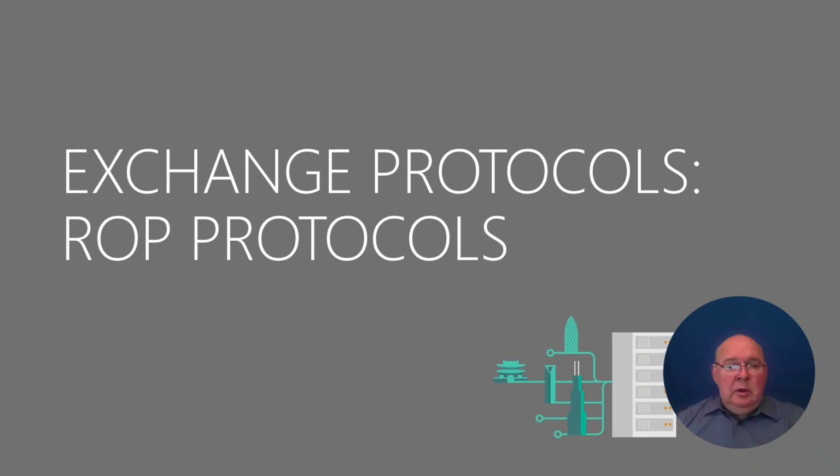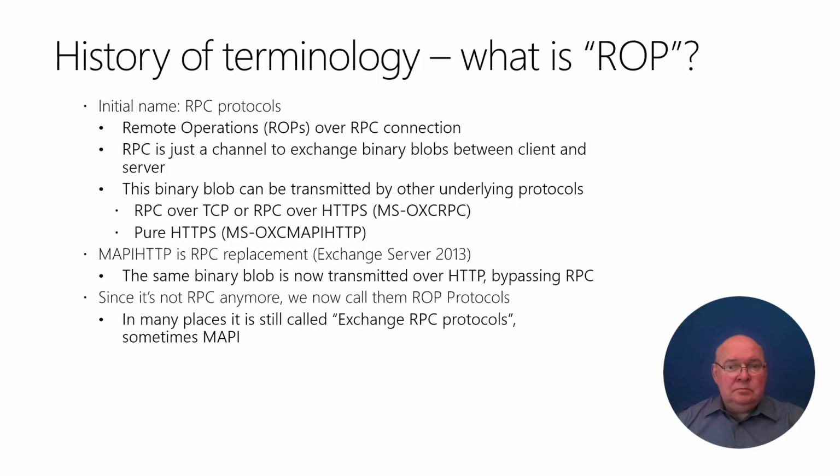ROP protocols family. There is a long history of terminology for this protocol family. The initial name is RPC protocols. In fact, it is remote operations, ROPS, over RPC connection. That's how it was designed initially. And RPC is just a channel to exchange binary blobs between client and server. This binary blob can be transmitted by other underlying protocols, like RPC over TCP or RPC over HTTPS.